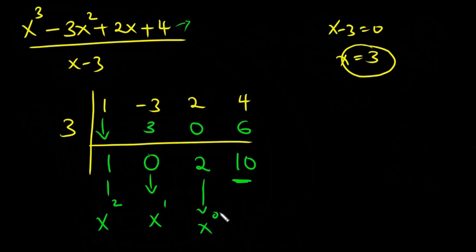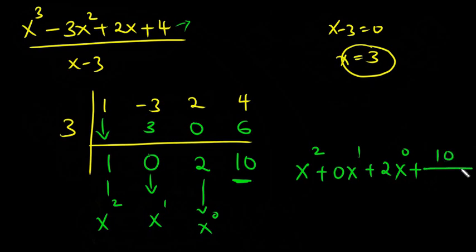So what we're going to do, we're going to have x squared plus 0x to the power 1, and then plus 2x to the power 0, and then the remainder is 10. We write it as 10 over x minus 3. So we can simplify this.